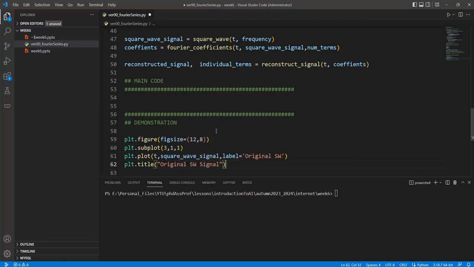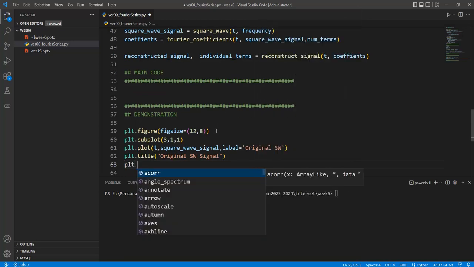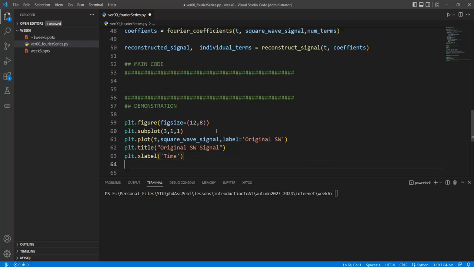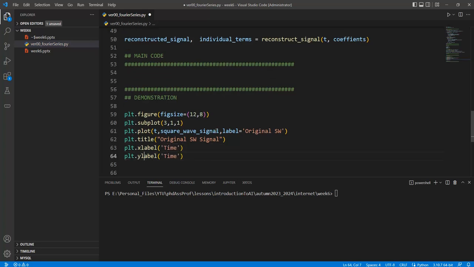Okay, and plt xlabel can be assigned with time, and ylabel is the amplitude. Okay, amp.